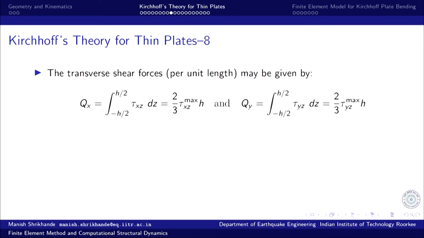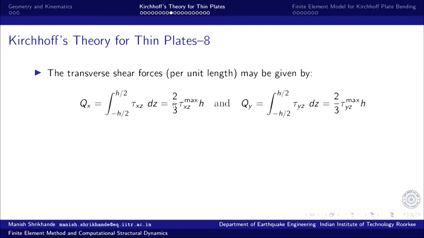And once we integrate these, we can find the resultant transverse shear forces, and they can be represented as a scaled down representative value of the maximum shear stress, multiplied by thickness, and 2/3 of that is what it works out. So, these are again transverse shear forces that are going to be used for our equilibrium equations.